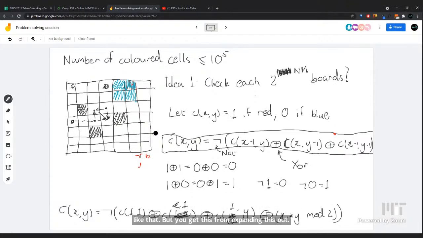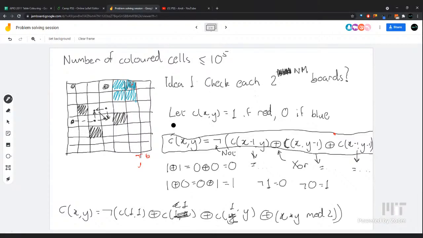What do you exactly mean by expanding? So c of x,y is equal to this, and this is equal to something else, and this is equal to something else, and so on. And if you just do that, then you get things that cancel out, because 1 XOR 1 is equal to 0 XOR 0, which is 0. So the same thing XORed by itself is 0. And how to prove this thing you have written?